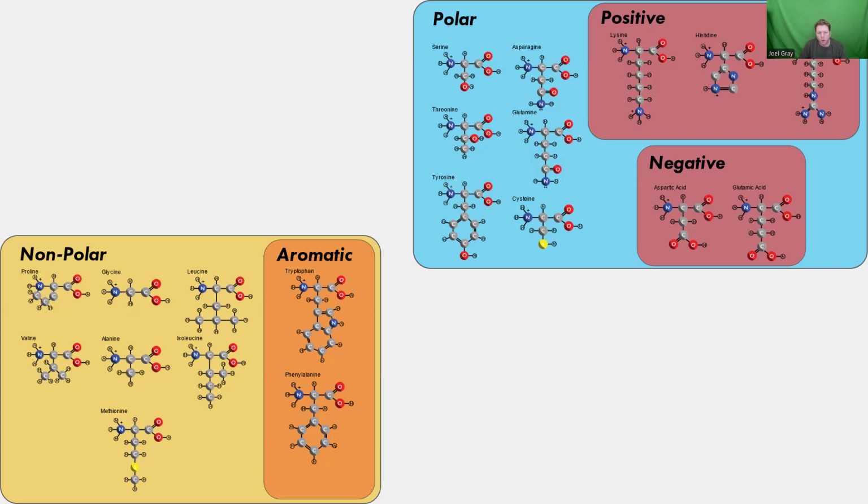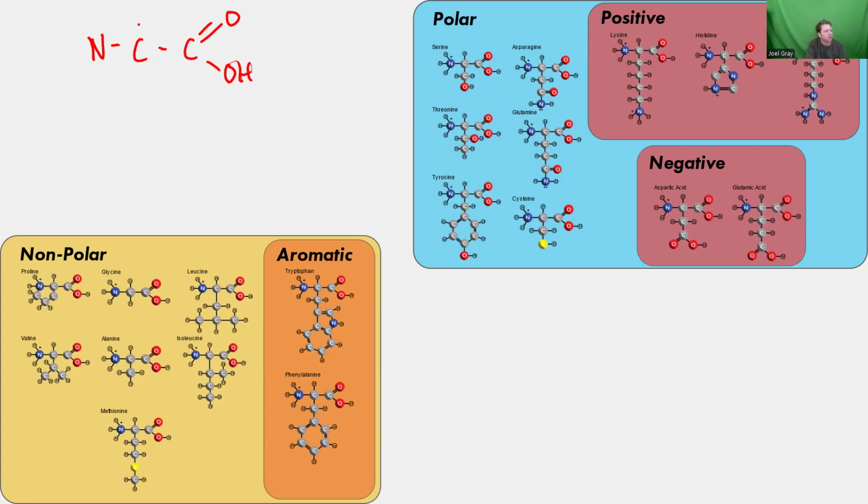Now, another thing that I want to point out to you guys about all these amino acids is when you look at the side chains, when you look at the R groups, and remember, we have our backbone, which consists of N, C, C. So we have our OOH, and then this other carbon.